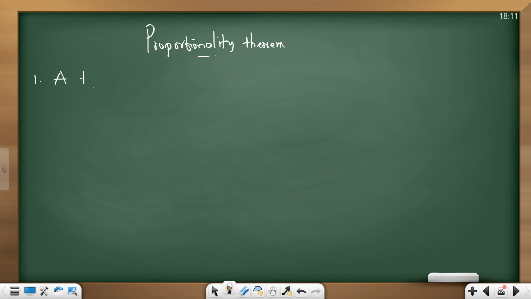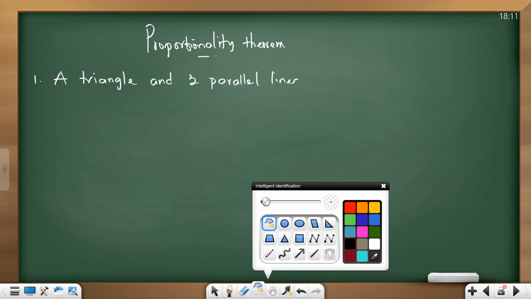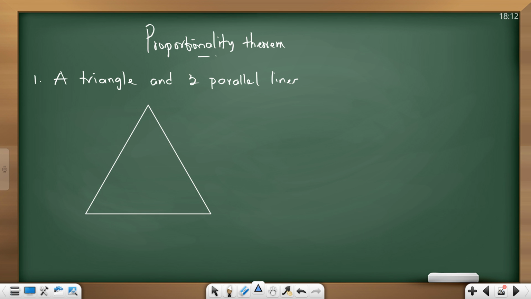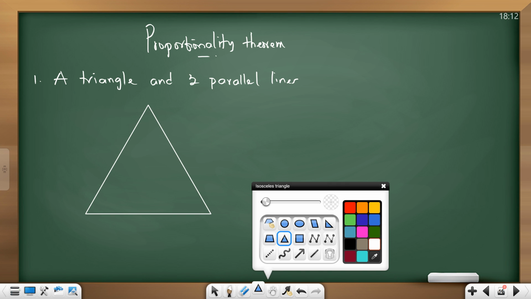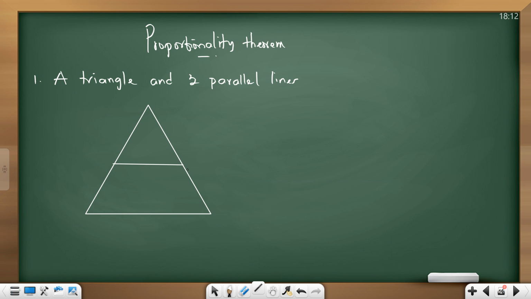When you have a triangle and what? 2 parallel lines. Automatically, you should know that proportionality then plays a big role. So you have that, and then you have a parallel line. Once you see that, you should automatically bring in your proportionality theorem.